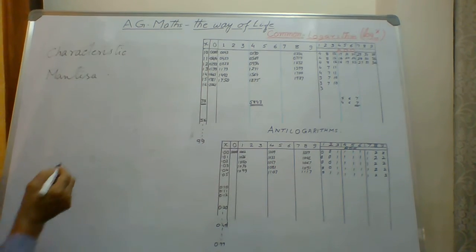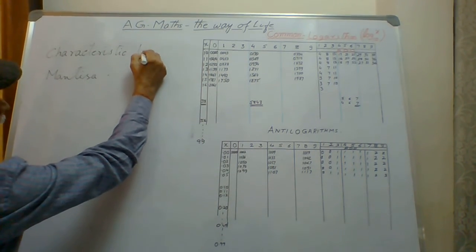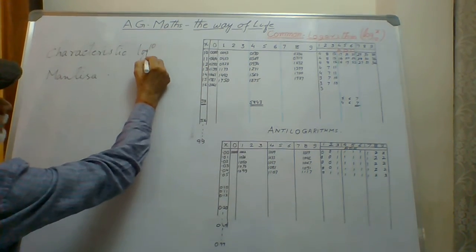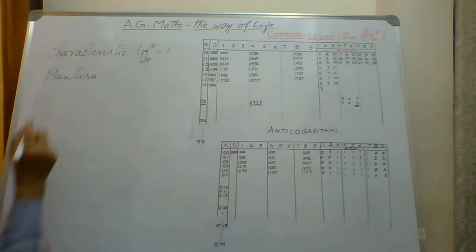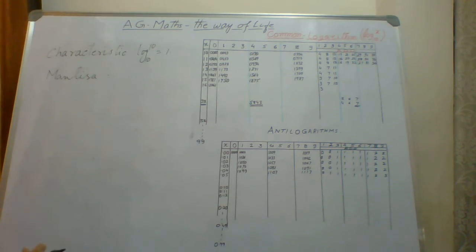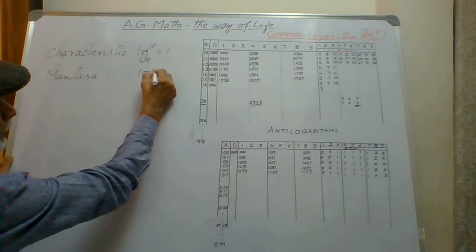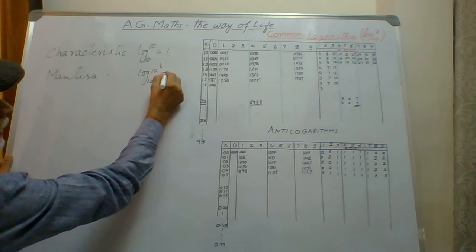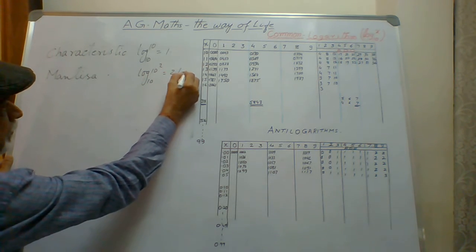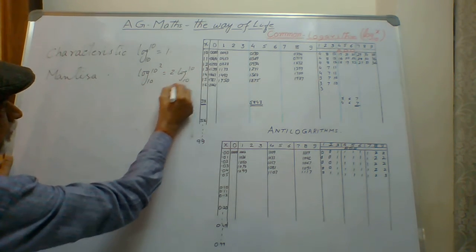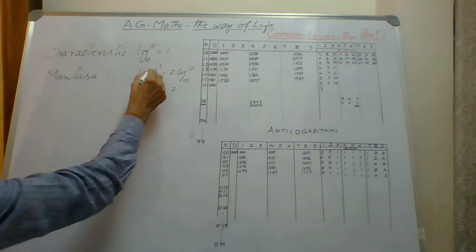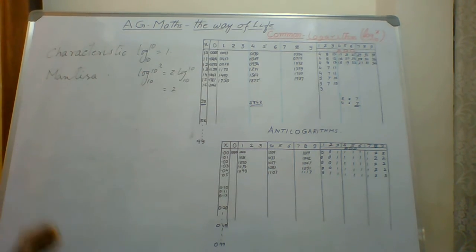Consider log of 10 to the base 10. This value is always 1, right? And then 10 raised to the power 2, base 10. As I showed you in the previous law, this will become 2 times log of 10 to the base 10, which is nothing but 2. Similarly, for power 3, it will become 3.